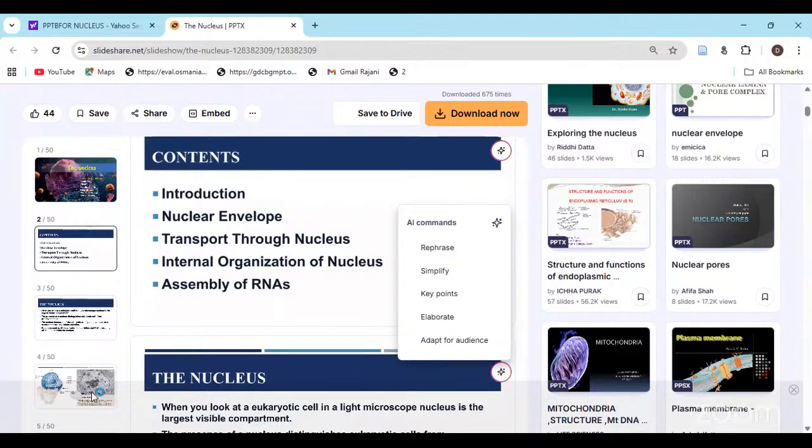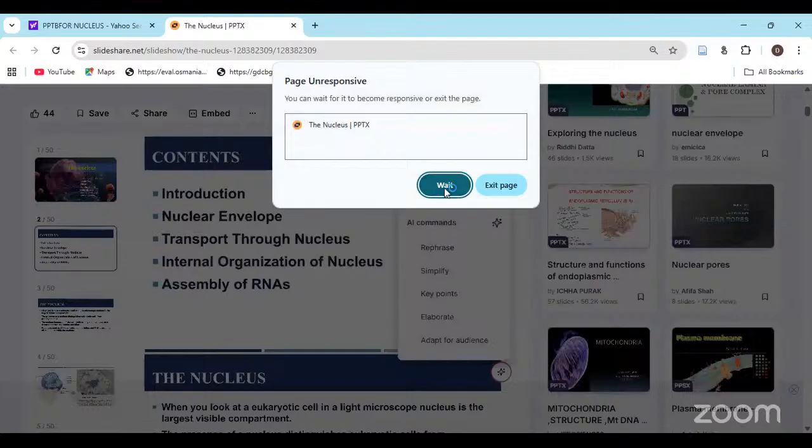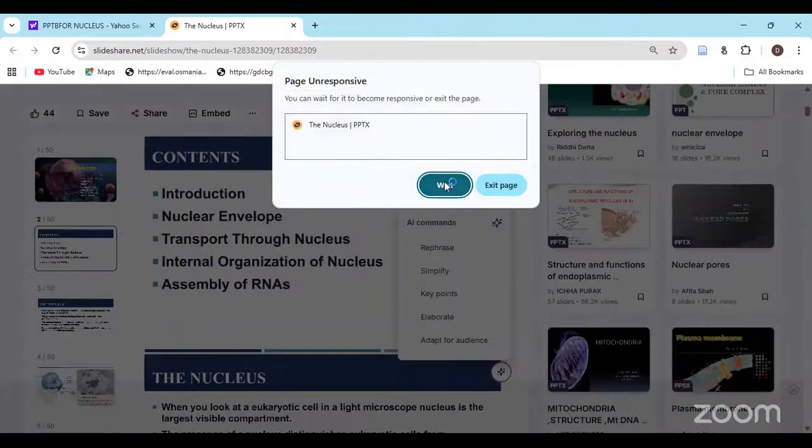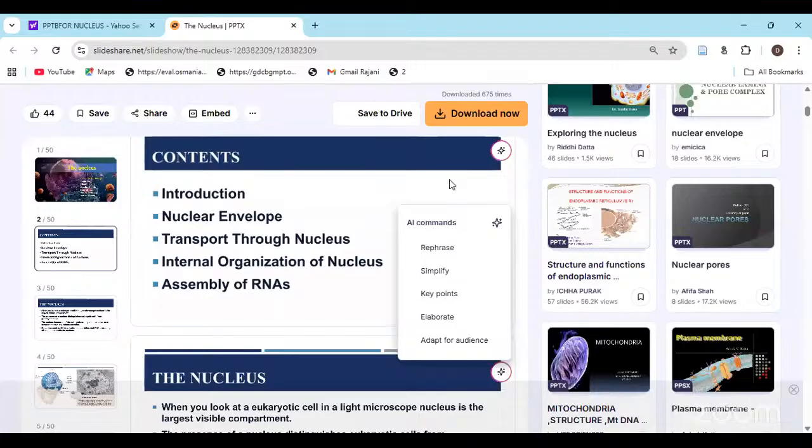In the ultrastructure of the nucleus, the interphase nucleus consists of four main components. What are they? The nuclear envelope with nuclear pores, the nucleoplasm, the nucleolus, and the chromatin network. These are the most important. The first one is the nuclear envelope, the karyotheca, a double membrane structure, outer and inner, separated by a perinuclear space.